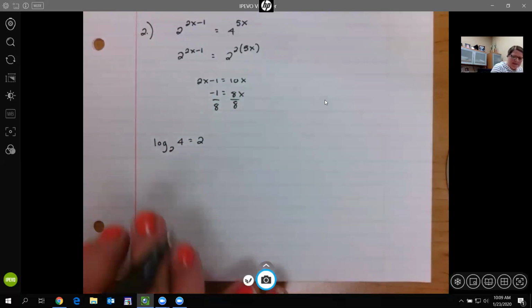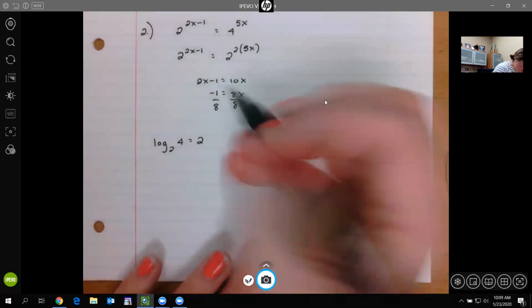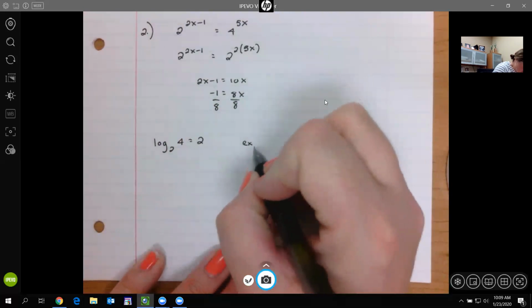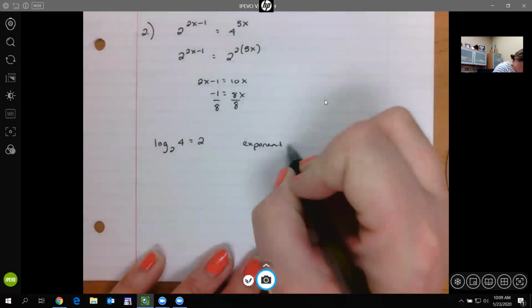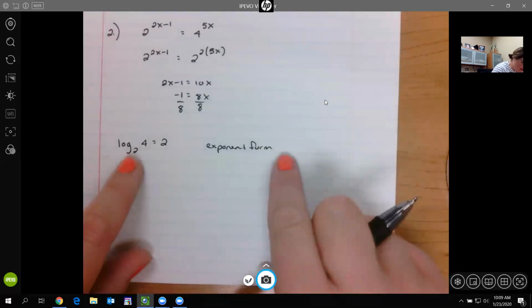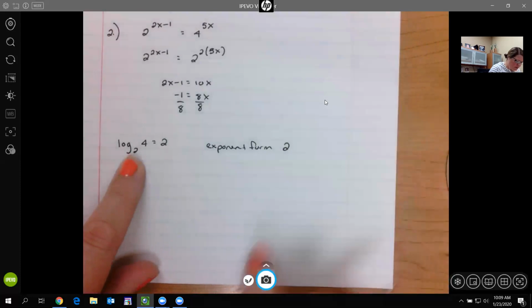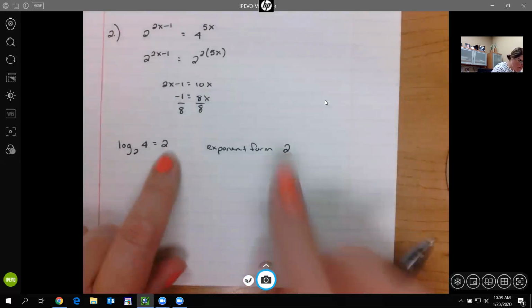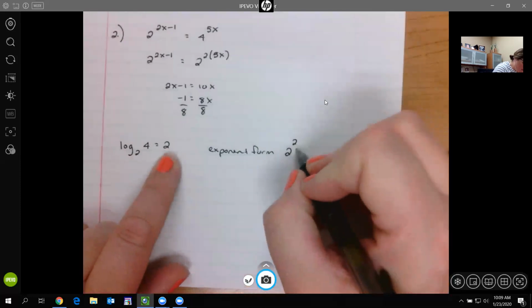Right now that's log form, and in exponent form, the bases stay the same. So base 2, and then it's going to go to the power of the answer, equals the 4.